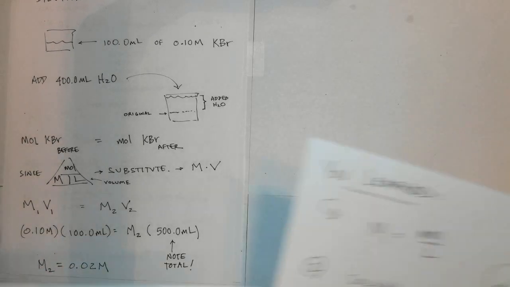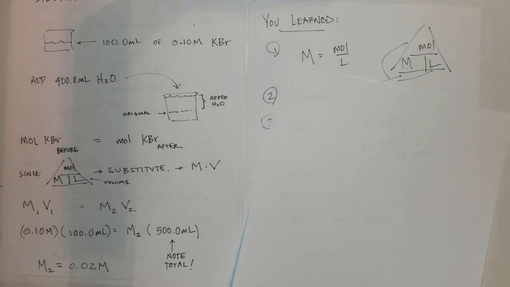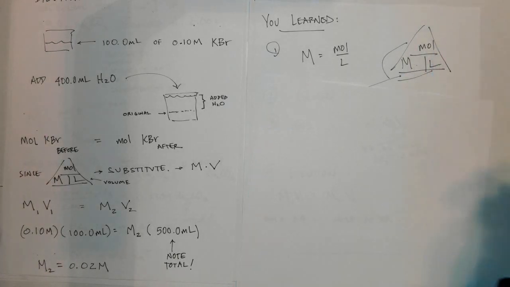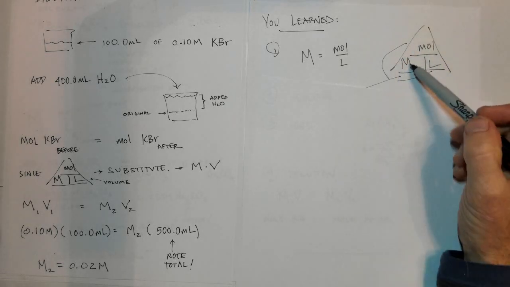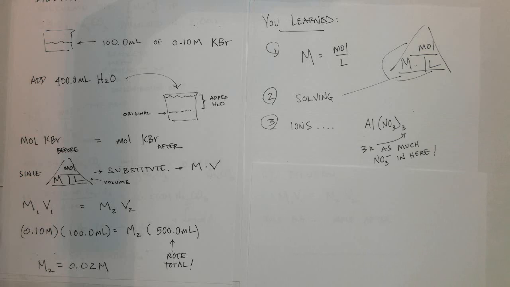So in this video cast about concentration of solutions, you learned about molarity, and molarity is equal to moles divided by liters, and you can use a triangle to help solve for any one just by covering it up with your finger. Just remember, molarity is equal to moles divided by liters, and you can never go wrong. You learned how to solve this. You learned how to look for concentrations of ions.